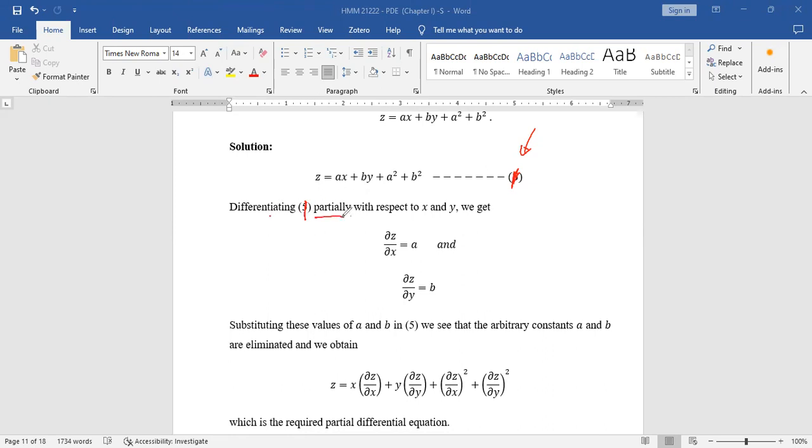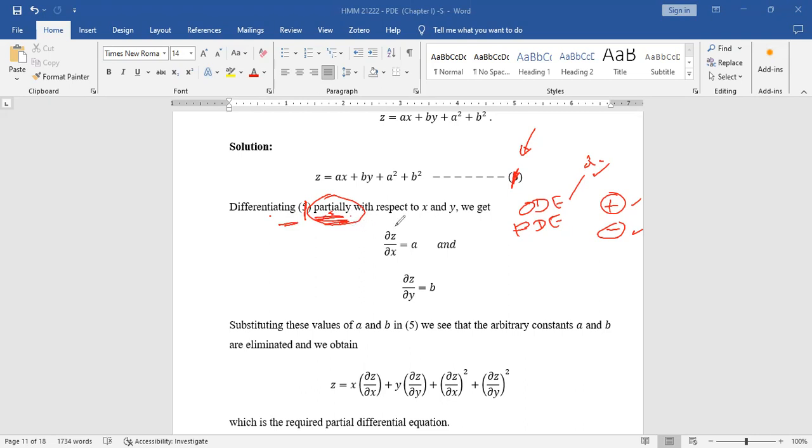differentiating partially. You have to keep this in your mind, because we are doing PD in ODE too. When you are differentiating with respect to something, in ordinary differentiation you don't need to say it. But here, you have to tell that I'm differentiating partially only.